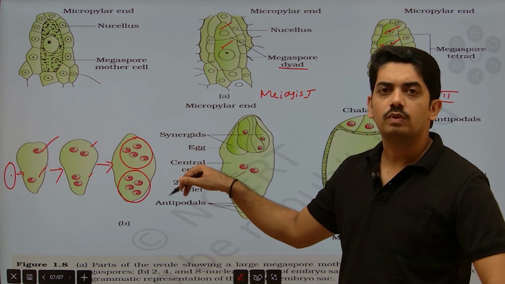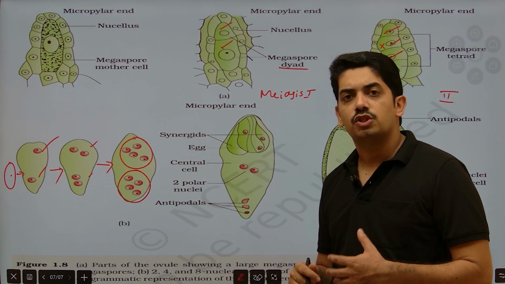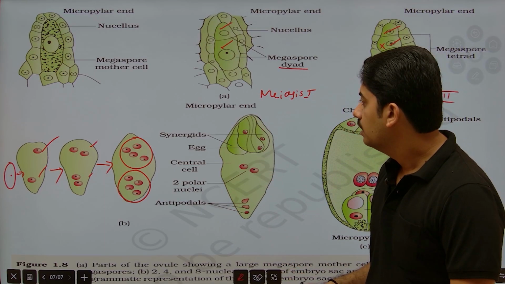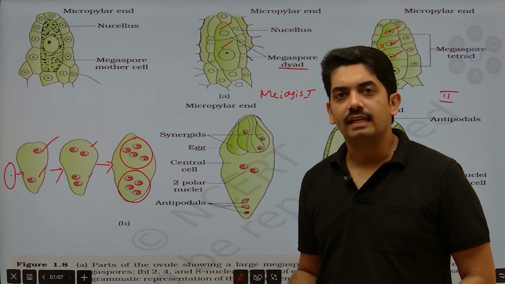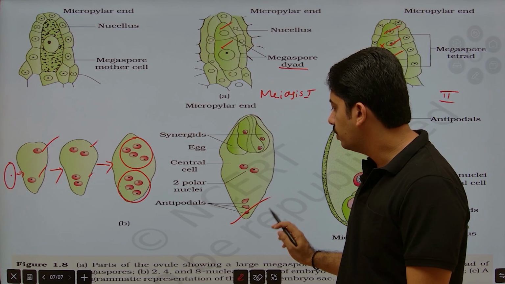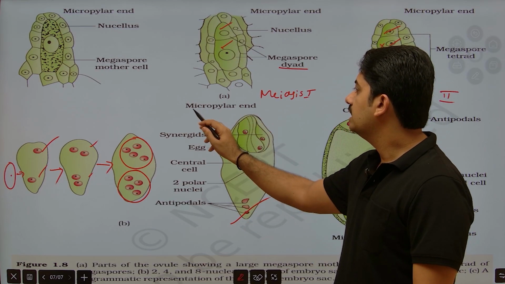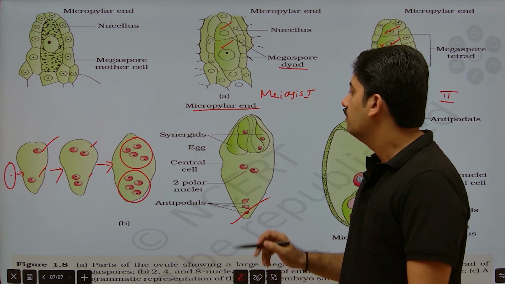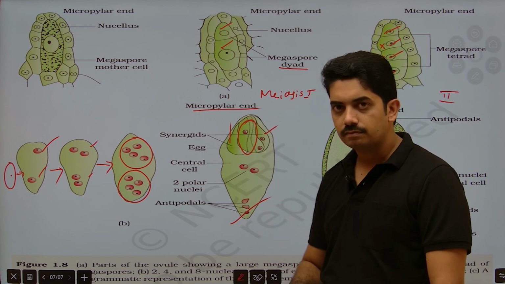Now once the eight nuclei are formed, the cell starts to form a cell wall around each nucleus. The cells nearer to the chalazal region will become antipodal cells. So they form three antipodal cells. This is nearer to the chalazal region. Now the part nearer to the micropylar region will form two synergids and one egg cell.